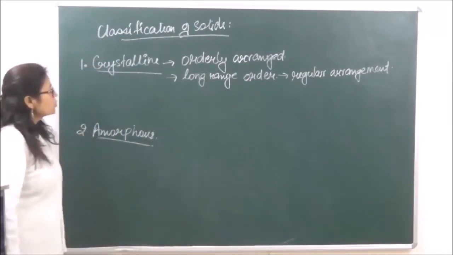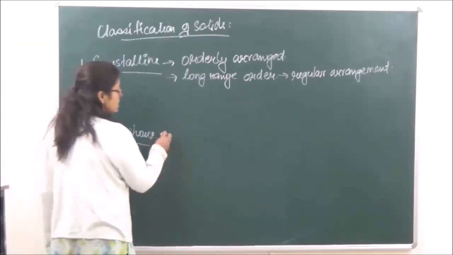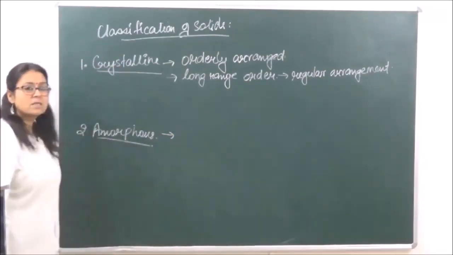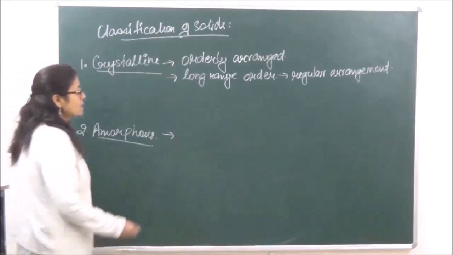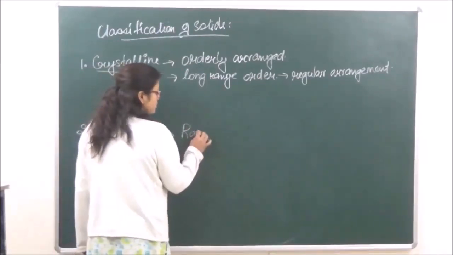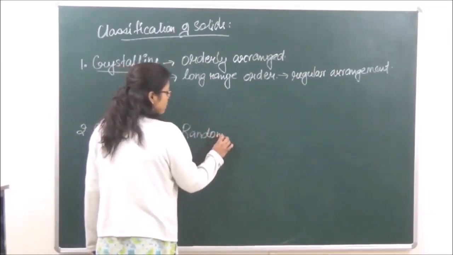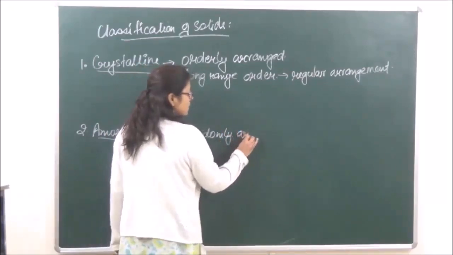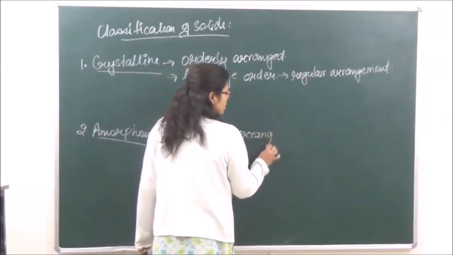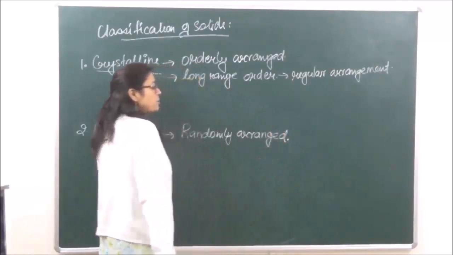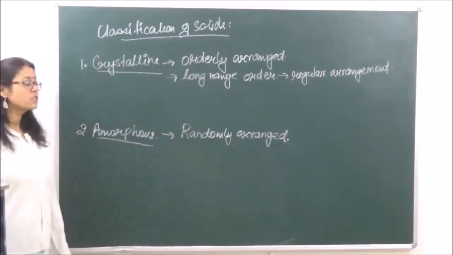Okay, whereas when we are talking of amorphous substances, the constituent particles are randomly arranged. Constituent particles are randomly arranged.